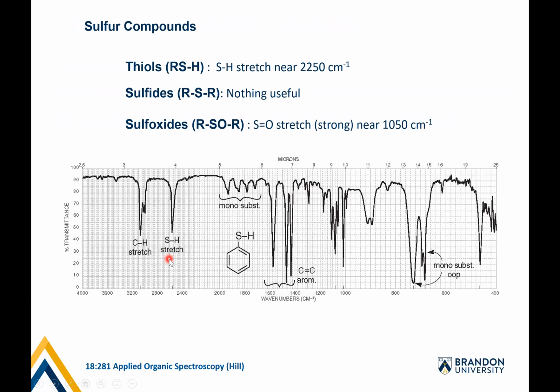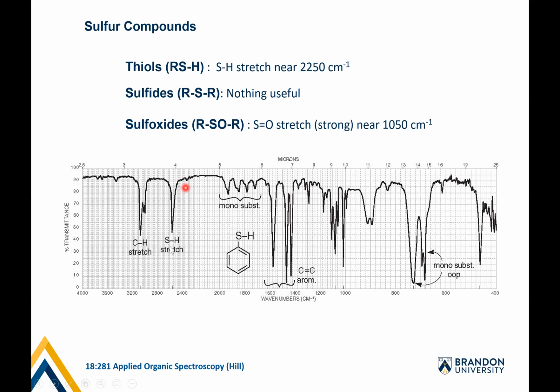Okay, sulfur compounds. There's a whole host of sulfur compounds: the thiols, the sulfides, sulfoxides, sulfonamides, sulfones, sulfonates. We'll go through these one at a time. The SH stretch is in the same area as the carbon-nitrogen triple bond or carbon-carbon triple bond.